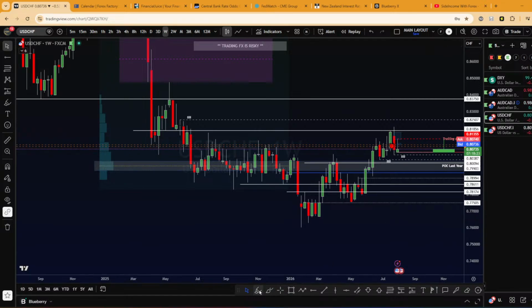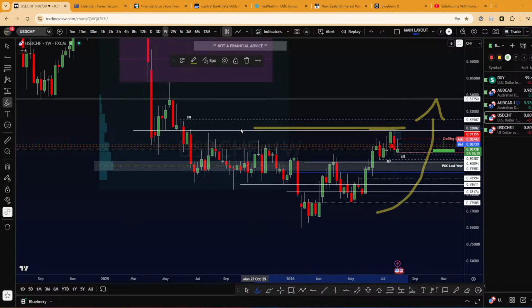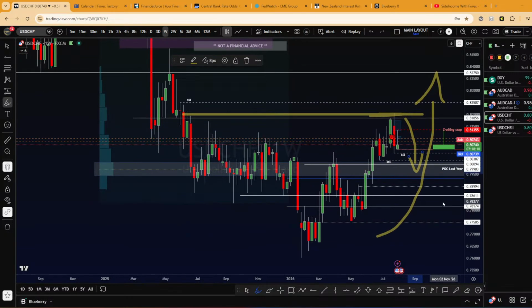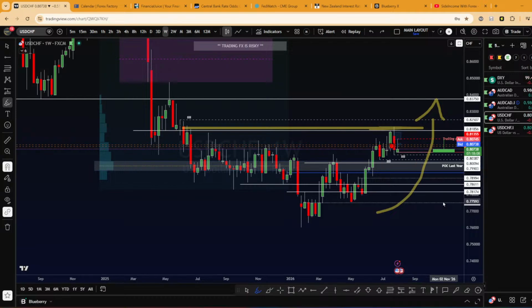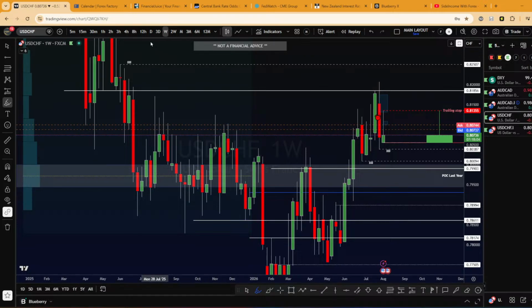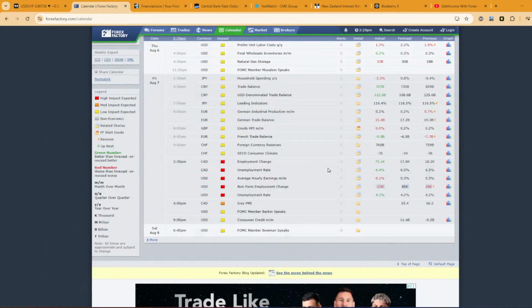I want to see price push, but because we are rejecting this resistance currently, I think we could see some drop. I wanted to see a fundamental reason to short USDCHF, with this last NFP report which comes out.